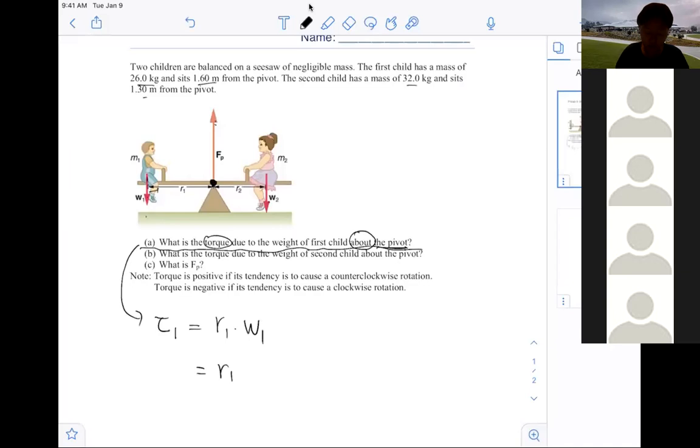The magnitude is easy because weight 1 is simply M1G, so you can plug in the numbers. We also need to give it a direction, right? Because torque is a vector. We found its magnitude, but what direction? It's positive if its tendency is to cause a counterclockwise rotation. So take a look at this weight vector. The tendency of the torque it generates, is it going to generate a counterclockwise rotation or a clockwise rotation? Which one do you think?